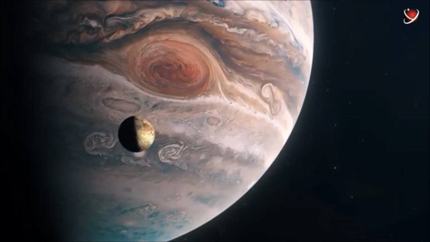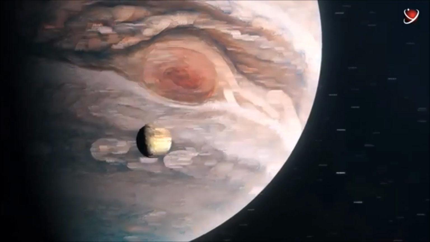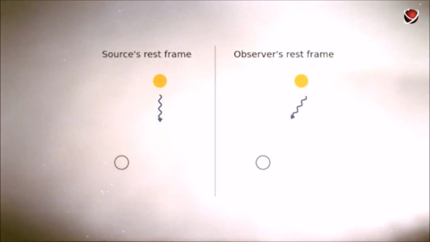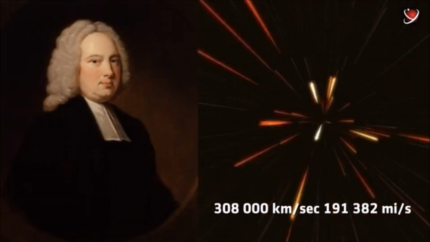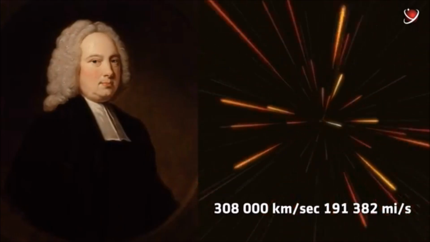Nonetheless, this was another important step forward. 50 years later, in 1728, thanks to the discovery and the phenomenon of light aberration, the English astronomer James Bradley refined this figure to 308,000 kilometers a second. Although this figure was a bit too high, it was very close.